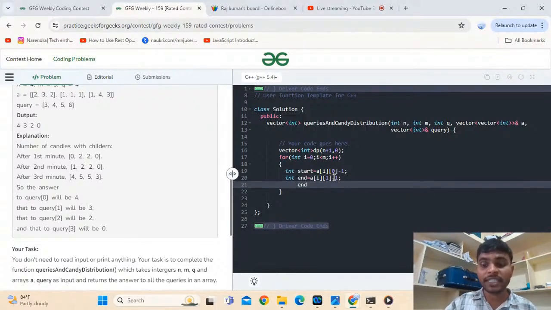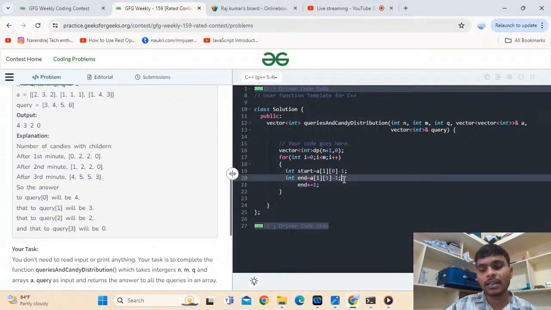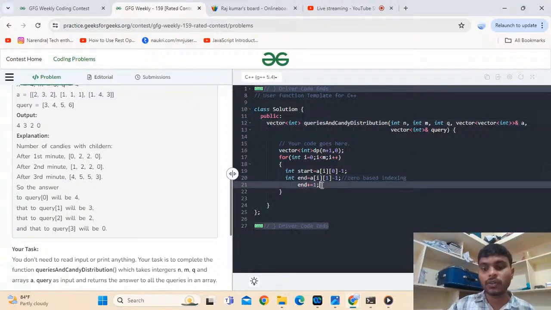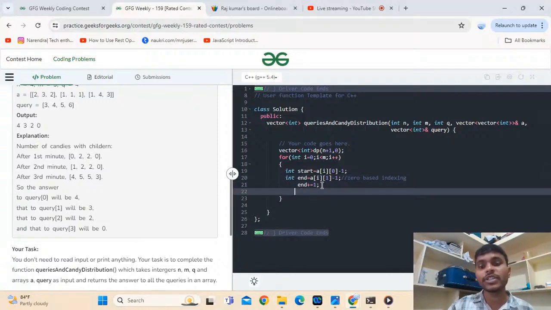We have to terminate that. Now again add. So here you need no subtraction. Anyway we are adding, this is for converting to 0 based indexing. It is to convert to 0 based indexing. I have to terminate at that position, so I have to increase 1.